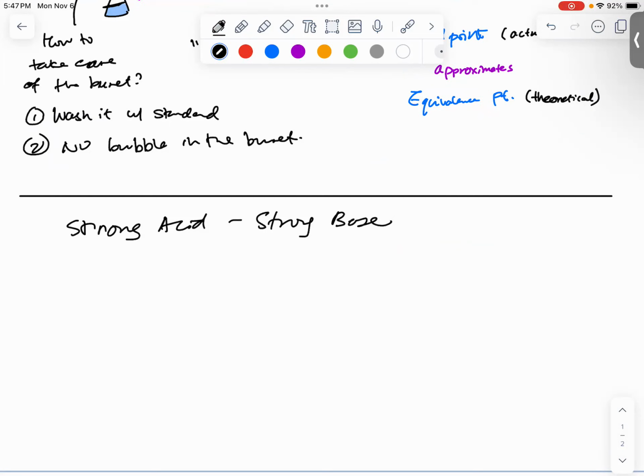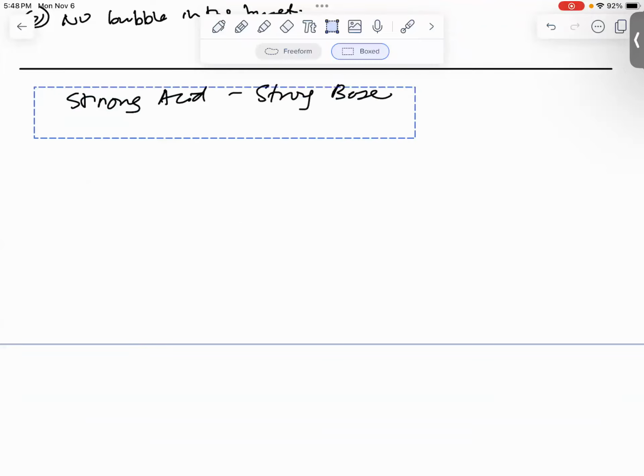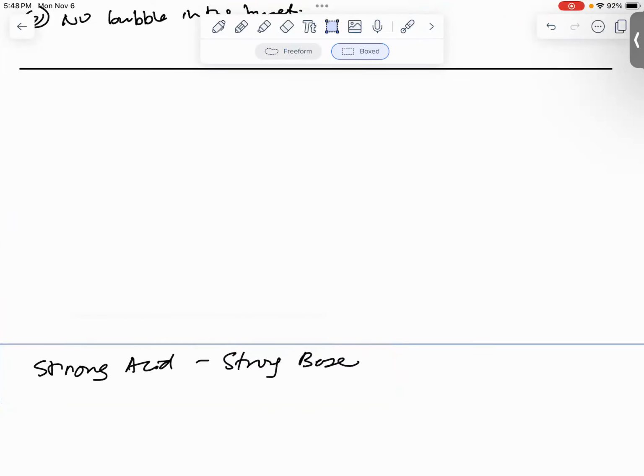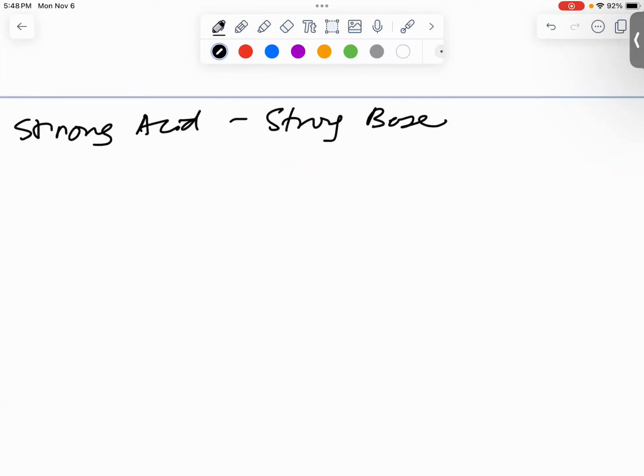Next semester, we will do strong acid weak base or weak acid strong base titration. And the math that we deal with is going to be a little bit more advanced. Okay, not hard, but it's just a little bit more advanced. But for now, we are just doing strong acid and strong base that kind of titration. So it's very important that you know all your strong acids and strong bases.